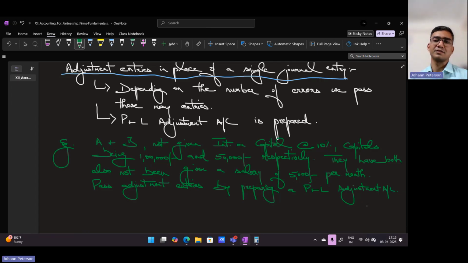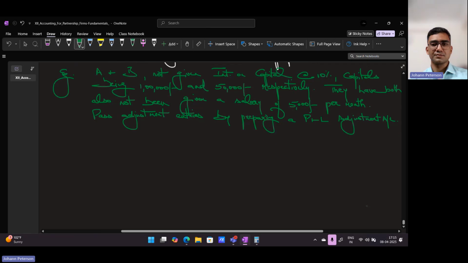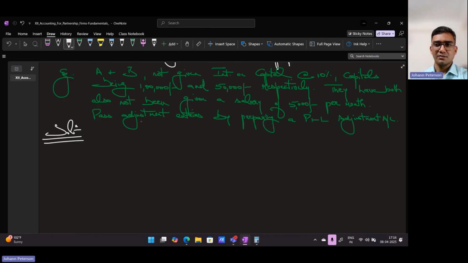So this is like class 11, where for every error, we were passing one rectifying entry. And that same type of concept is here. So it's nothing different. Let us see what we will do. My first entry is of interest on capital. When I have to give them interest on capital, which account will I prepare? The account which is said to be prepared is the P&L adjustment account.